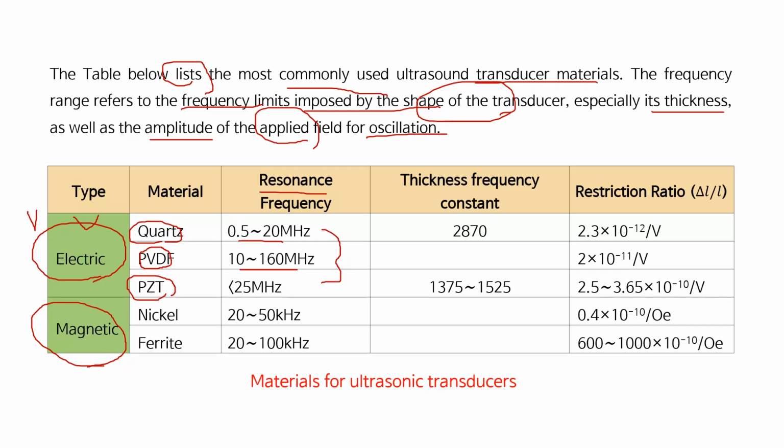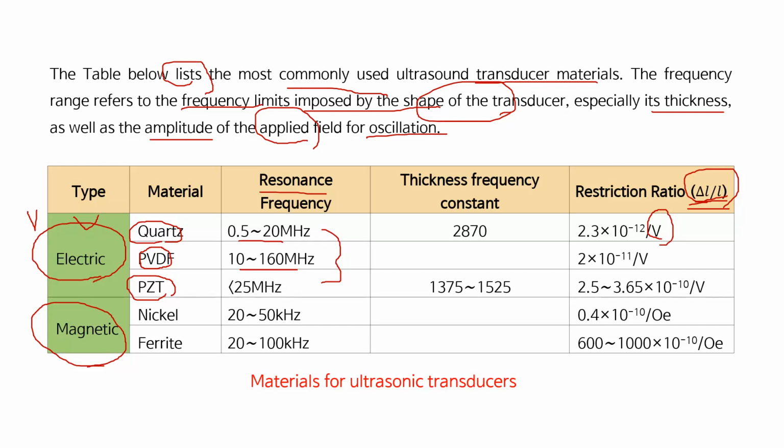And the electrostriction ratio, or delta L over L, is for quartz, for example, 2.3 times 10 to the minus 12 per volt.